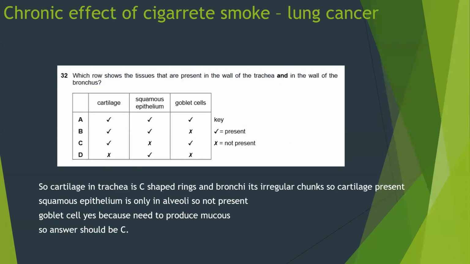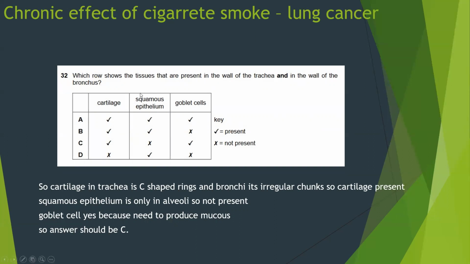And the next question is about the distribution of tissues. Which row shows the tissues that are present in the wall of the trachea and in the wall of the bronchus? Trachea and bronchus both have cartilage, we know that, and they both have goblet cells because they need to produce and secrete mucus to trap foreign particles.